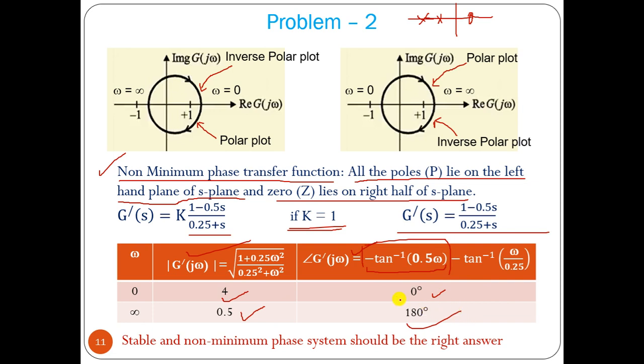So what we can observe is that this plot is something like this one. When omega equal to 0, the plot starts from 4 at 0 degree, and ends at omega equal to infinity at 180 degree.